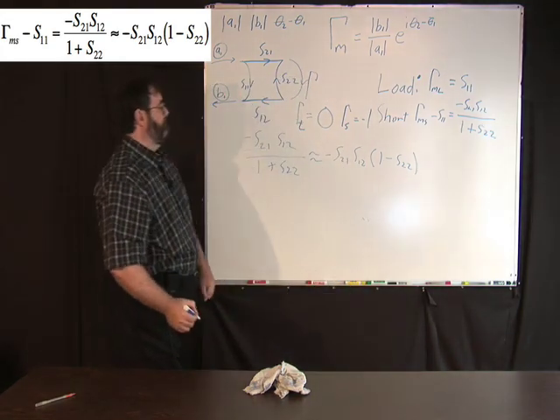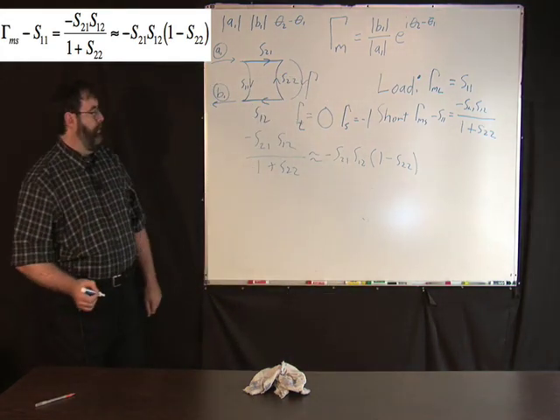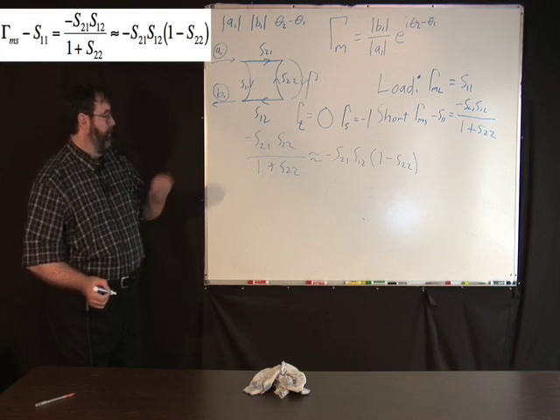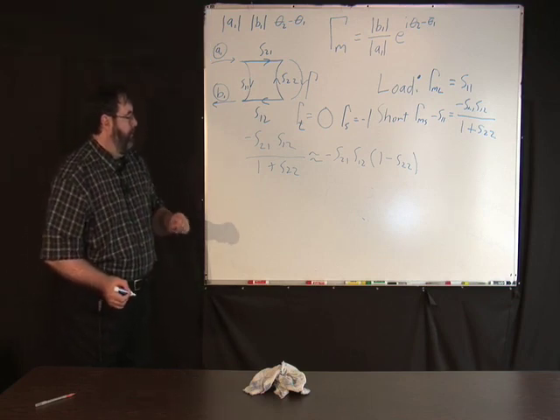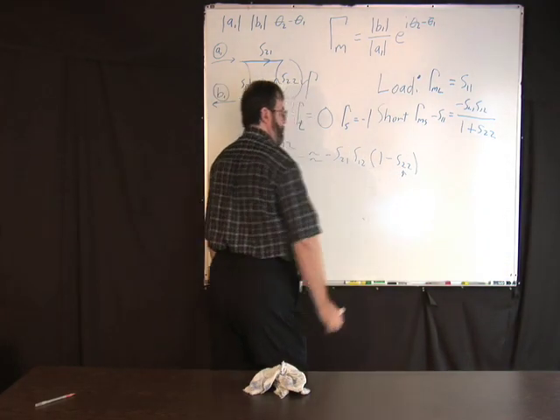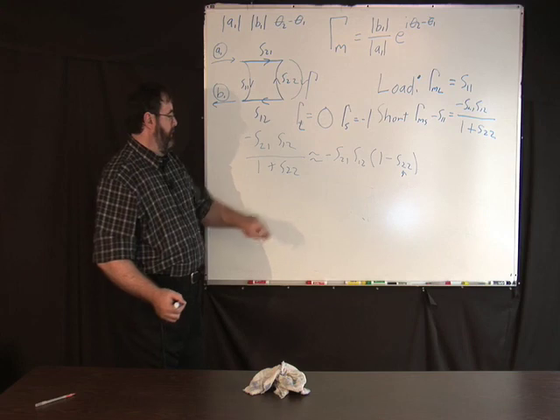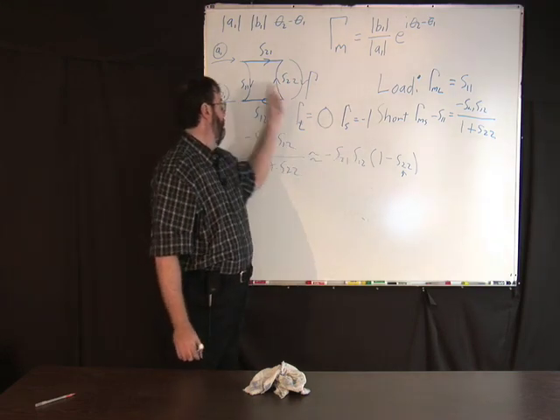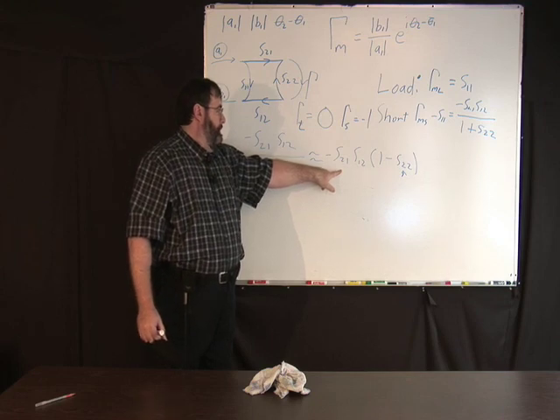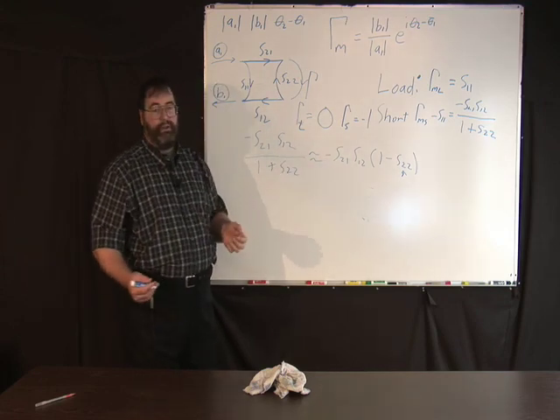Okay, so what does that do for you? Well, if you assume this is small, maybe assume that's 0, that gives you this term, S21 S12, the loss in the reflectometer. Well, that might be good enough.